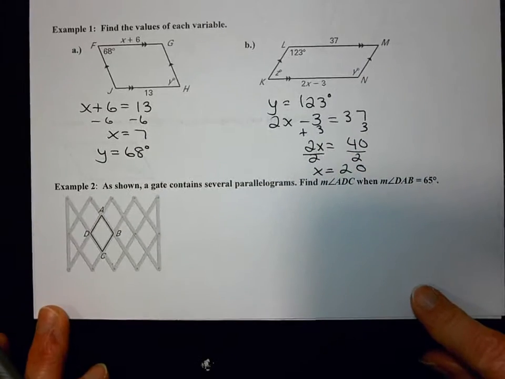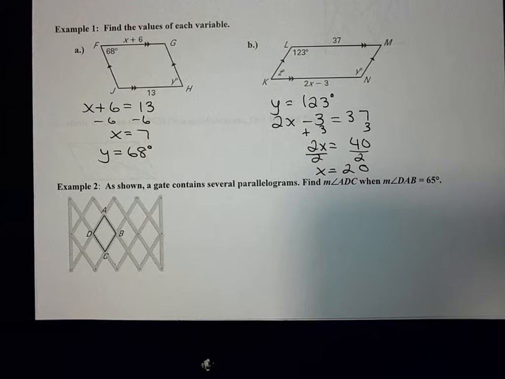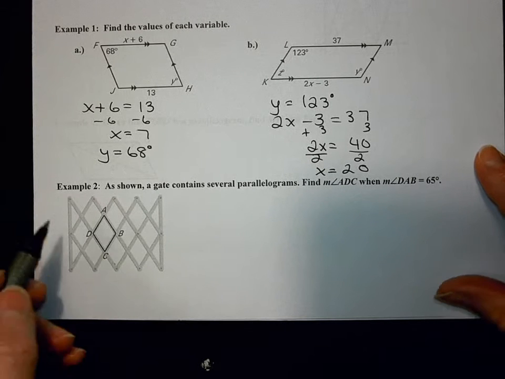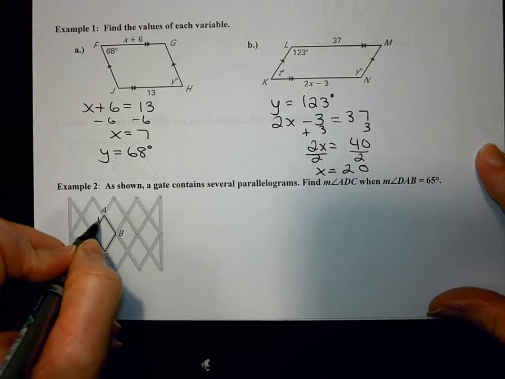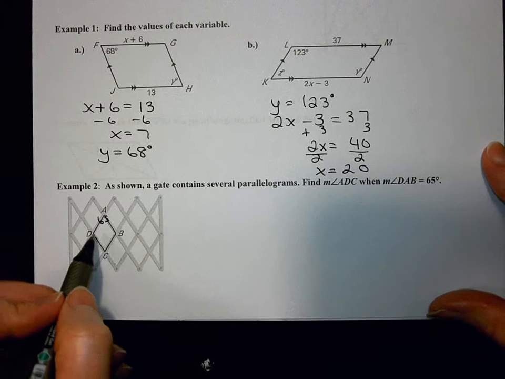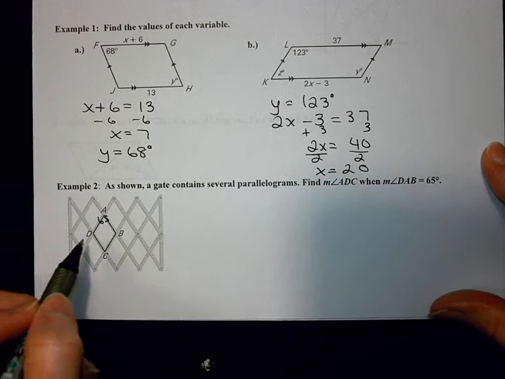Okay, if we go to example 2, it says as shown, a gate contains several parallelograms. So find angle ADC when DAB is 65. So here's our picture, DAB. So 65 is up here. We know that the two angles in a row have to be supplementary.